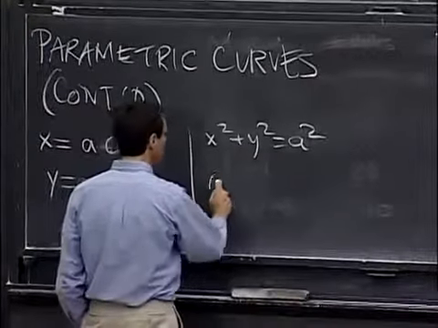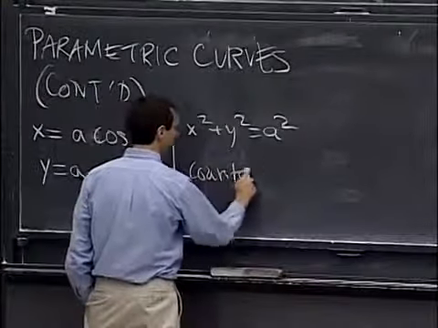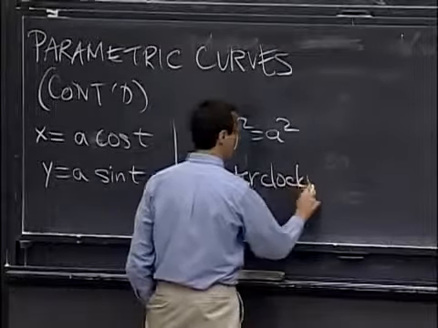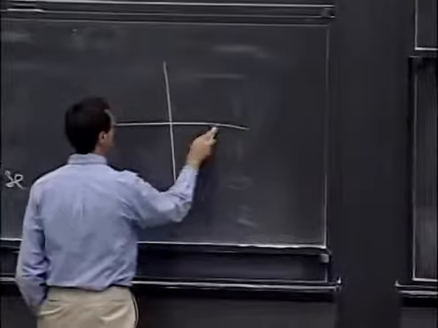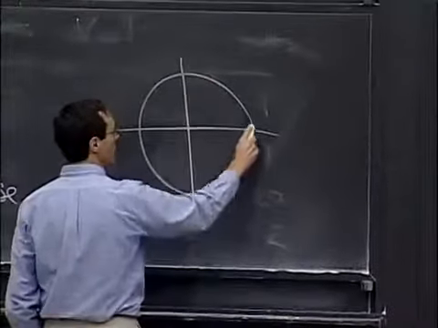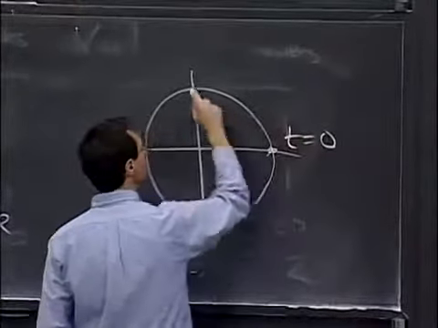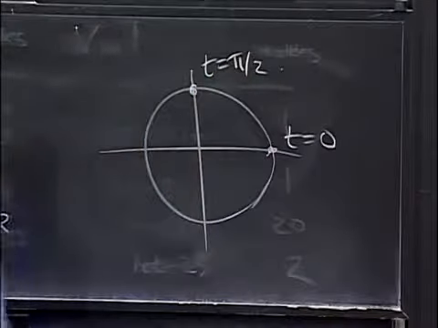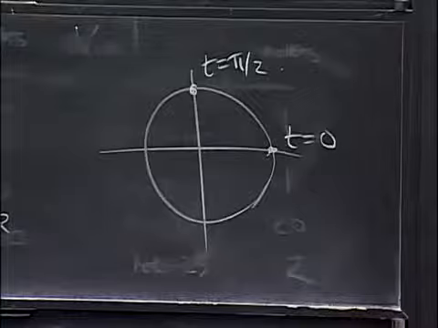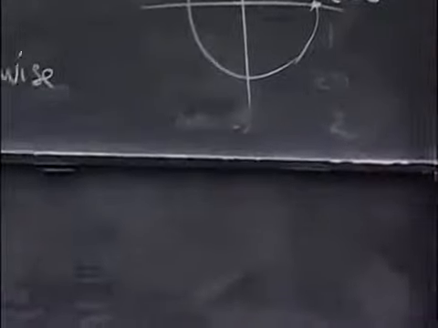And it's traced counterclockwise. The picture looks like this. Here's the circle. It starts out here at t equals 0, and it gets up to here at time t equals pi over 2.